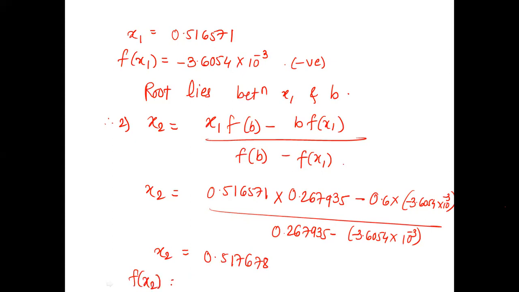And if you are getting the same, find out f of x2. 0.517678. Yes, correct, I am getting the same. Find out f of x2. Minus 2.414 into 10 raised to minus 4. Okay.